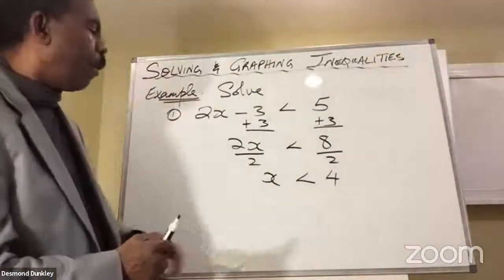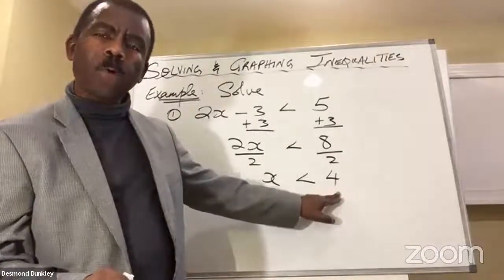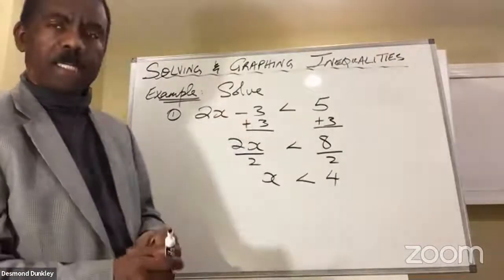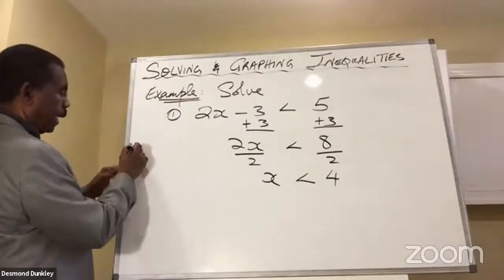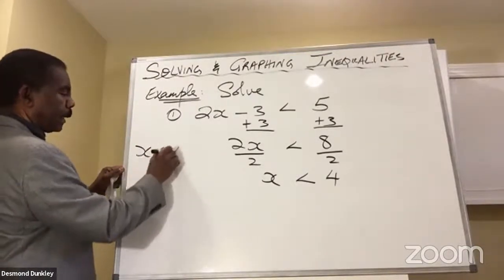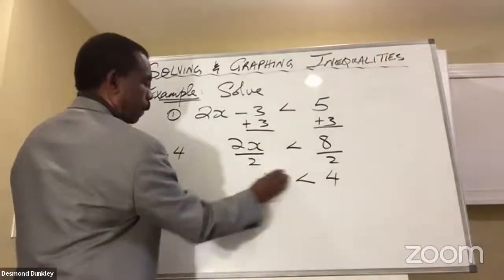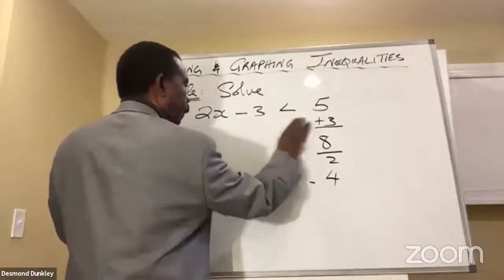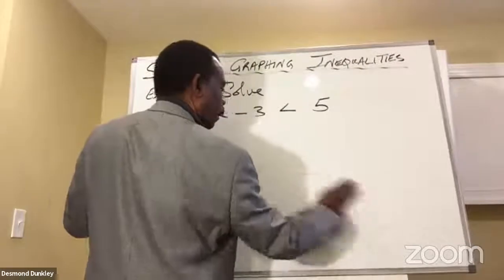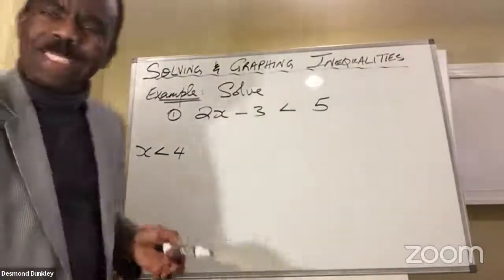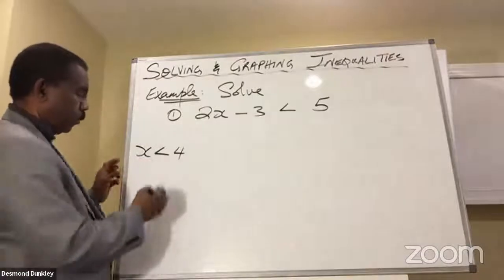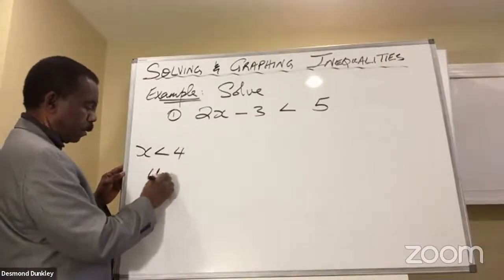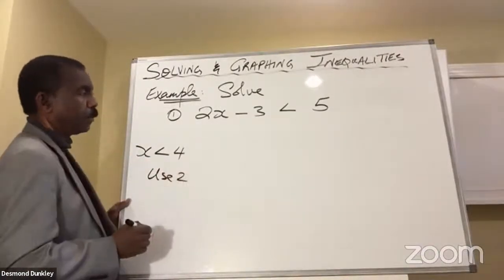We are saying that all numbers below 4 would work for this. All numbers below 4. So let me write the solution here. X is less than 4. So let's see if it's true. Give me a number below 4. Let's use 2.